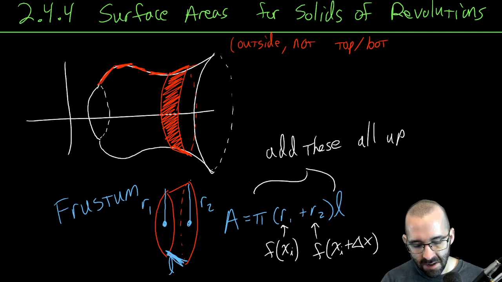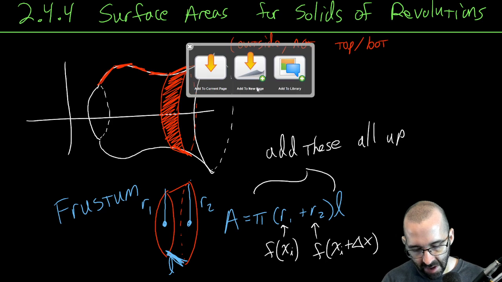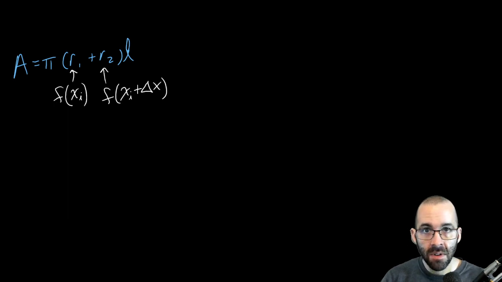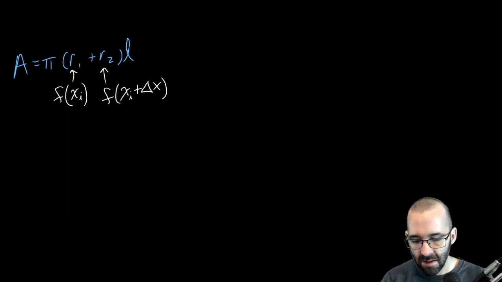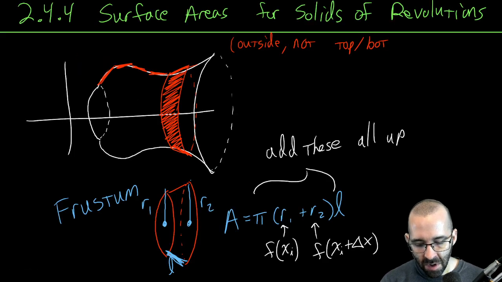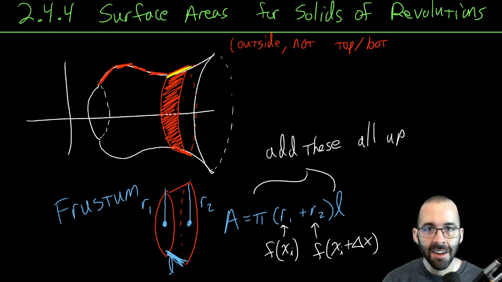Okay? So this first part is becoming, let's do it on the next page, this first part is just becoming 2 f of x as delta x goes to 0. What is L becoming? Well, L is this distance.